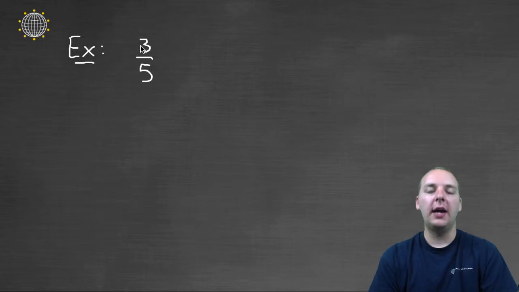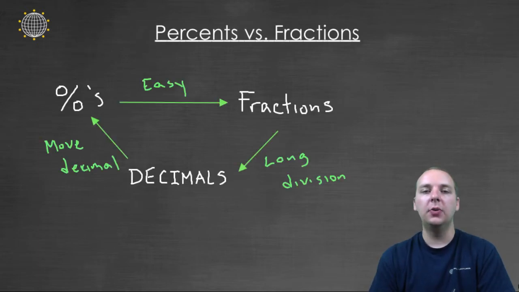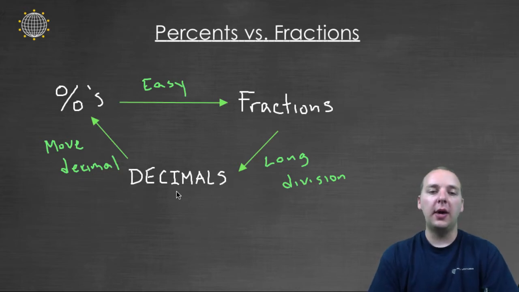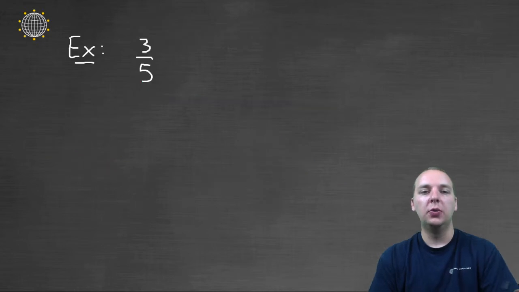So let's say we have a fraction 3/5 and we want to write it as a percentage. Well, this is where I'm going to actually go through writing it as a decimal, then converting that into a percentage. So we'll literally take 3 and divide it by 5. So 5's the divisor, 3 is the dividend.